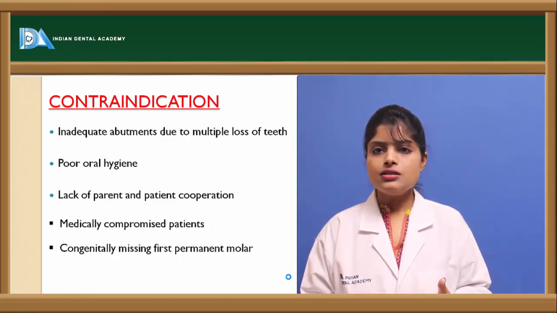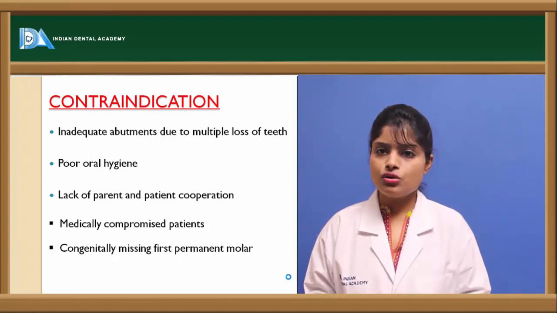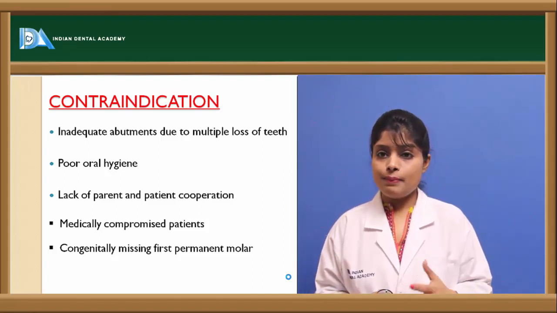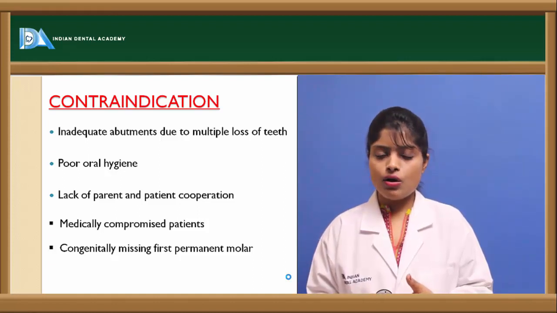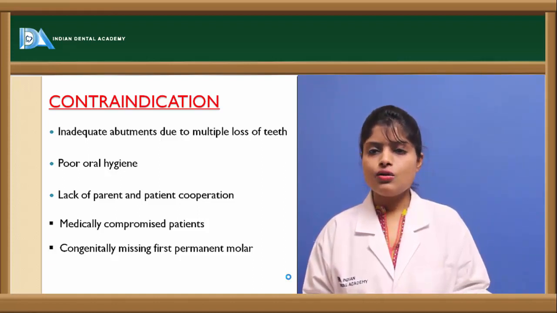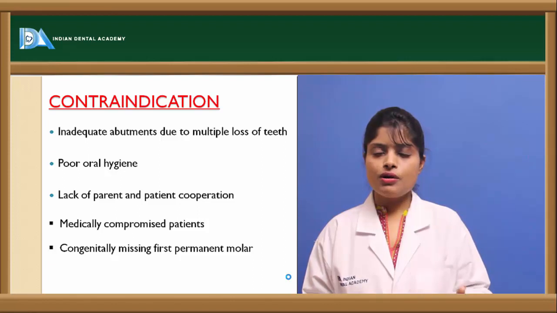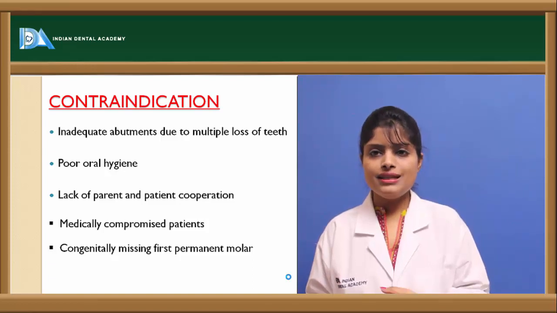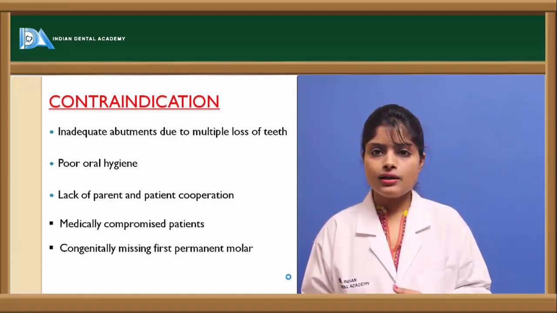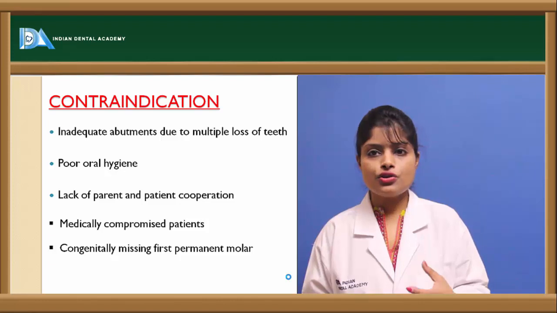But there are certain disadvantages which are linked to the appliance. The appliance can cause the deflection of the permanent tooth bud because of the arm which is resting on the tooth bud of the permanent first molar. The appliance can also interfere with the epithelialization of the socket and prevent the healing of the socket.